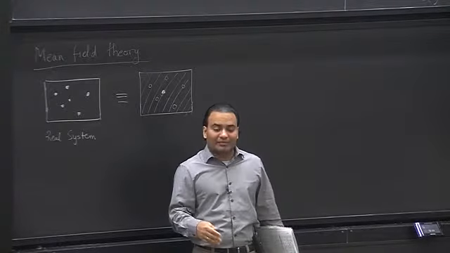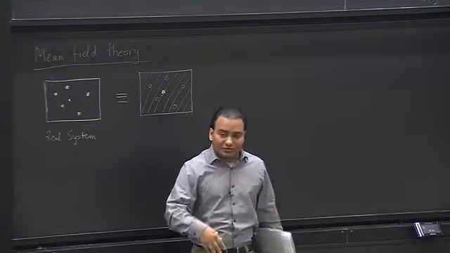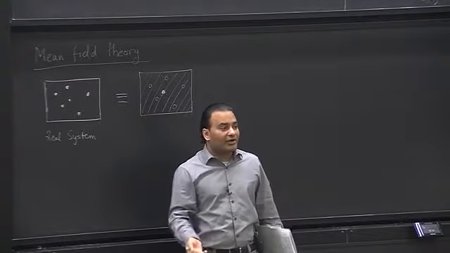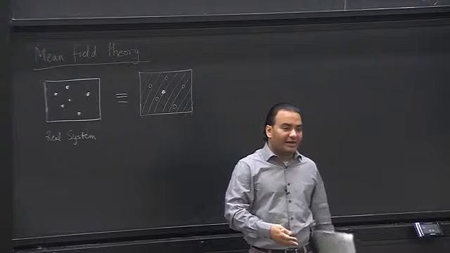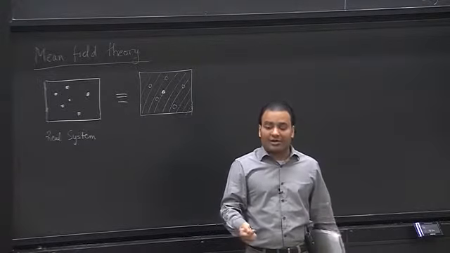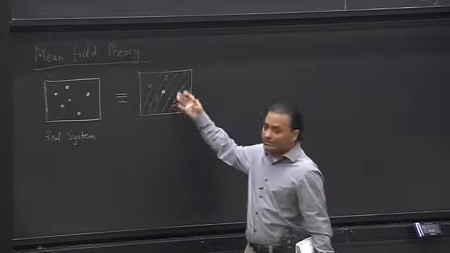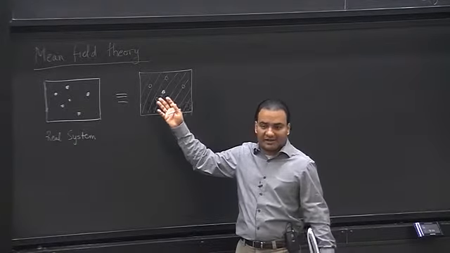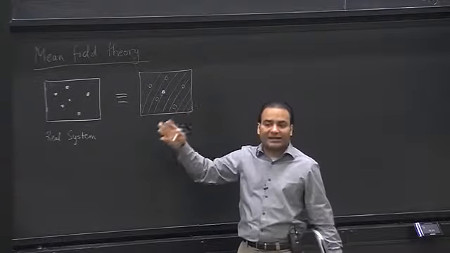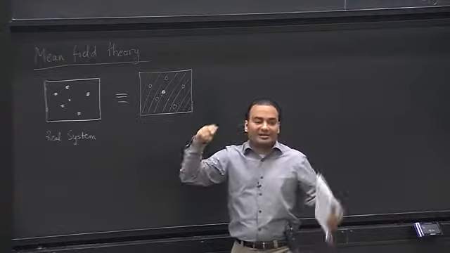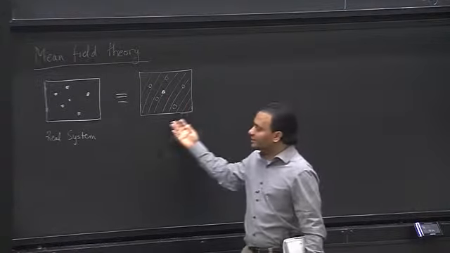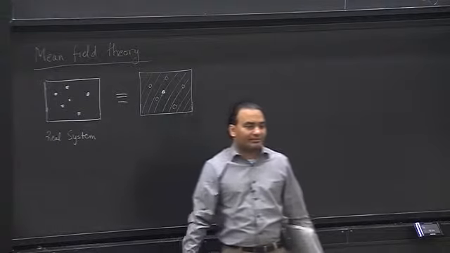The reason it works very well is we choose this average field in a way that is motivated by physical symmetry, some symmetry arguments, some conservation laws, and so on. So if we choose this average density of particles that a single particle sees in a clever way, we could get a good description of the real system.